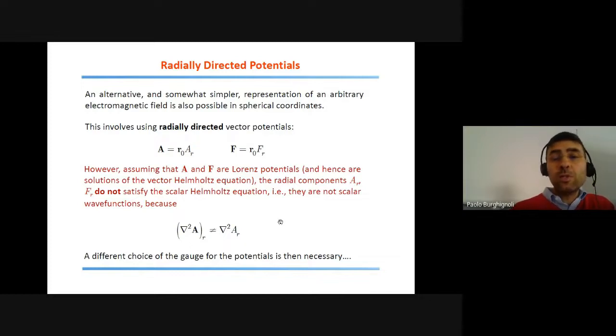So we would not have spherical scalar waves as components A sub r and F sub r.